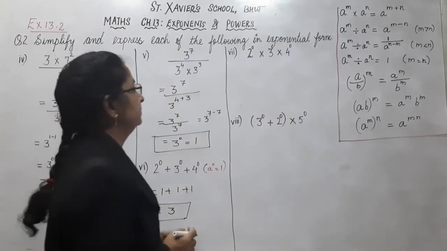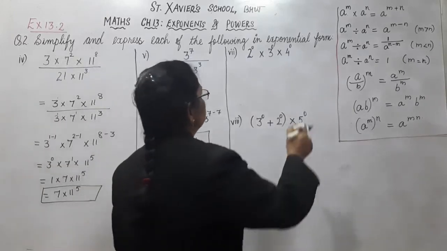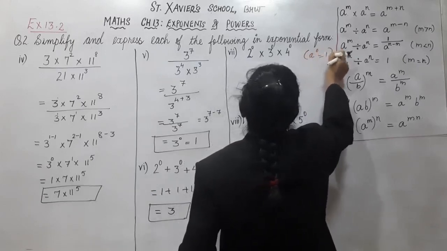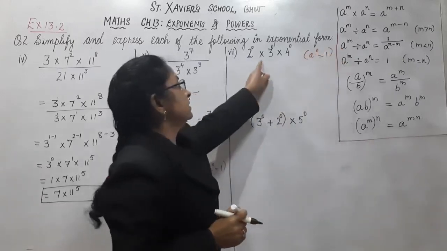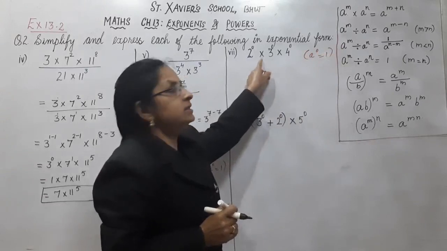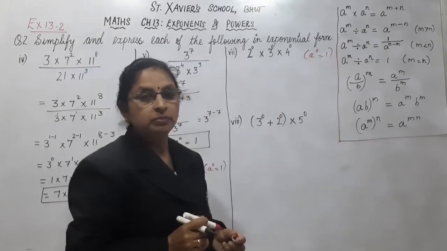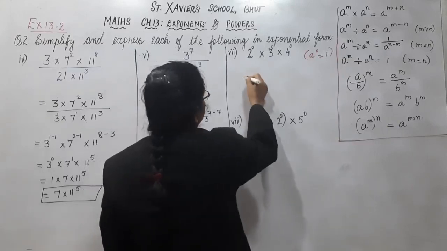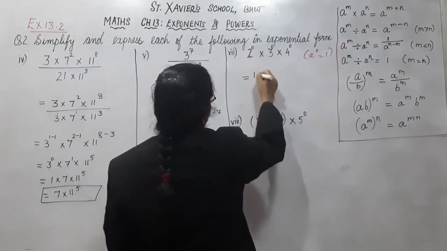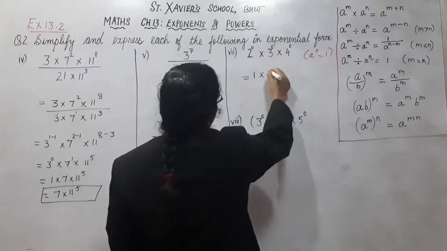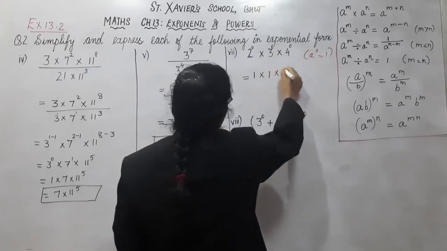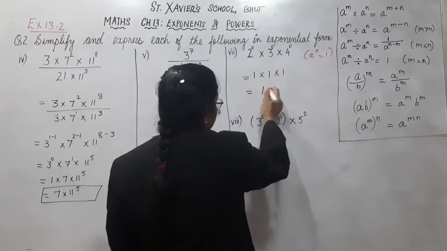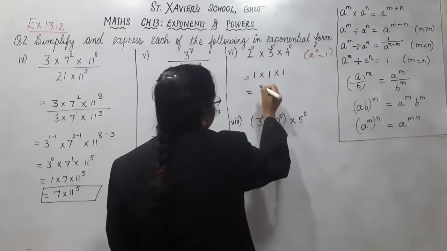Next question. The same way, value a raised to 0 is equal to 1. But here the sign is multiplication. So be careful about the sign. 2 raised to 0 is equal to 1 into 3 raised to 0 is also 1 into 4 raised to 0 is also 1. 1 into 1 into 1 is again 1.